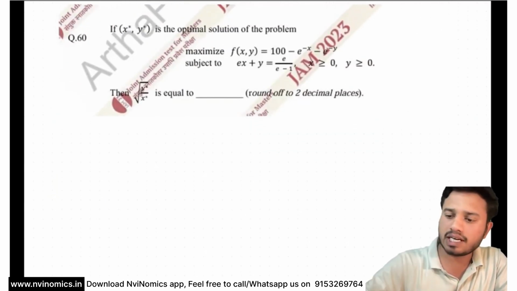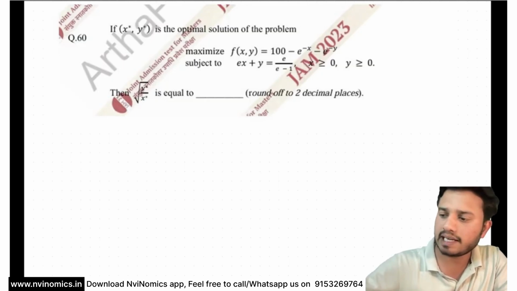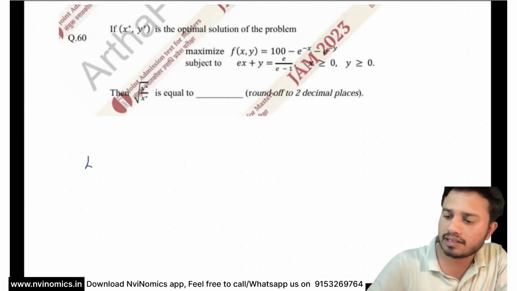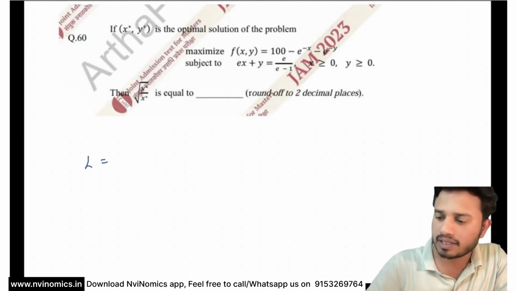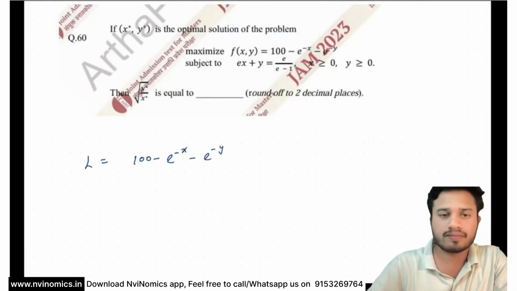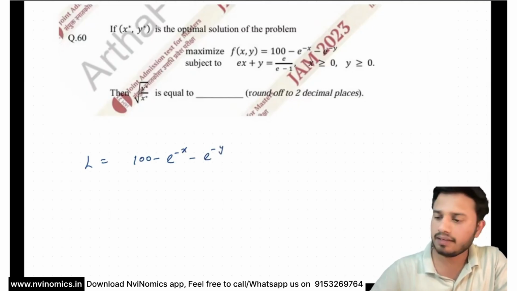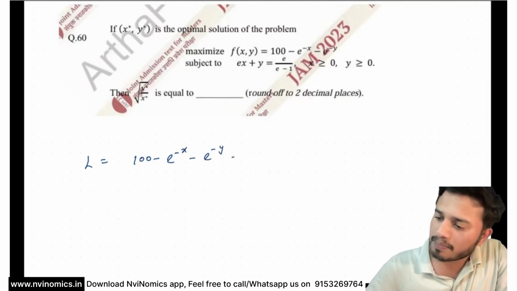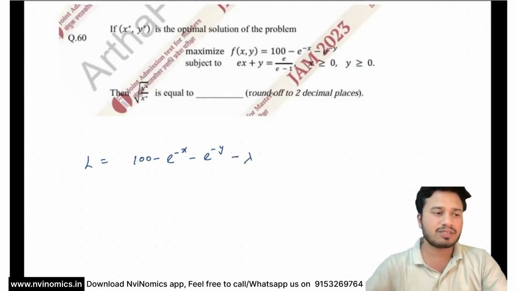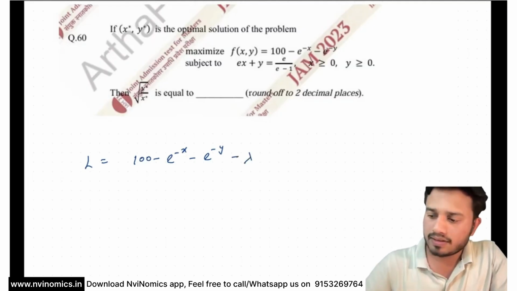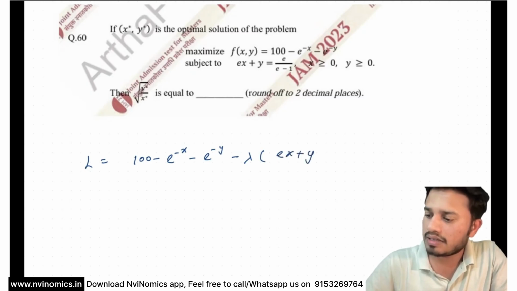So again, start with L. Defining L, L will be our main problem, that is 100 minus this thing, and then minus lambda or plus lambda, it does not matter. What is our constraint? e to the x plus y. It will go this side.